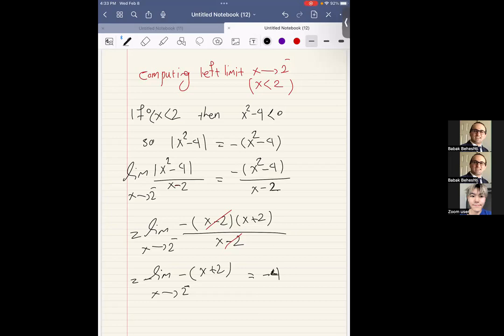You see, the left limit is minus 4 and the right limit is plus 4. So the right and left limits are not equal. In this case, we say that the limit doesn't exist, although the right and left limits exist.